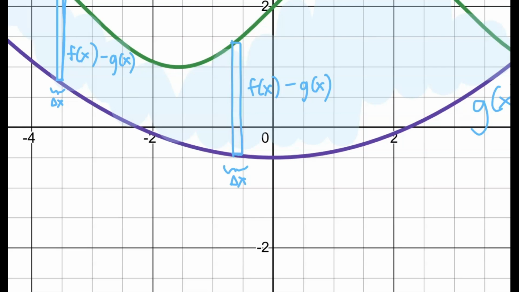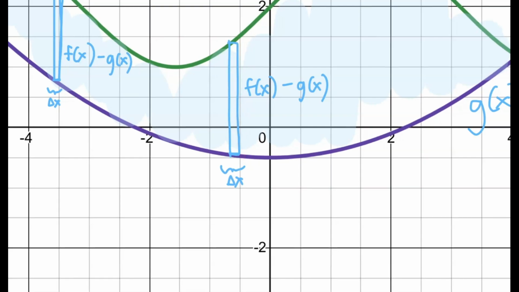And so those two negatives cancel out and create the length that we want here. So we would have f of x minus some negative number. So f of x minus g of x does give us the length of this because those two negatives will turn into a positive. Okay, so even if one of the curves dips below the x-axis, it works.